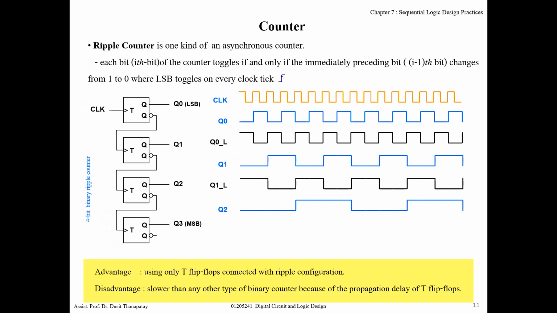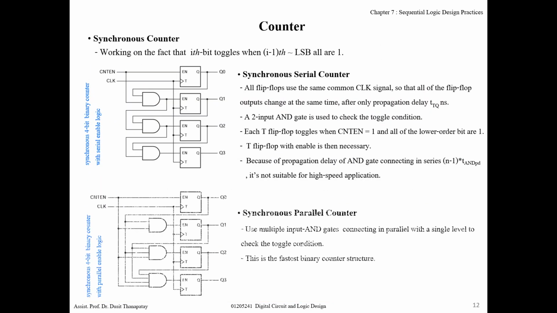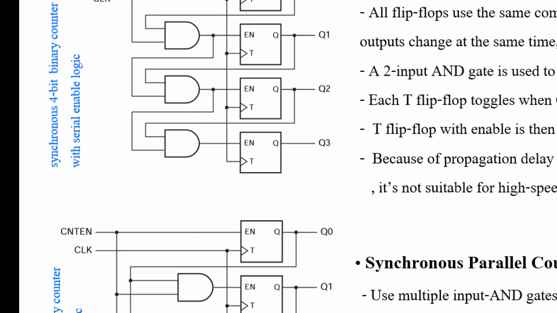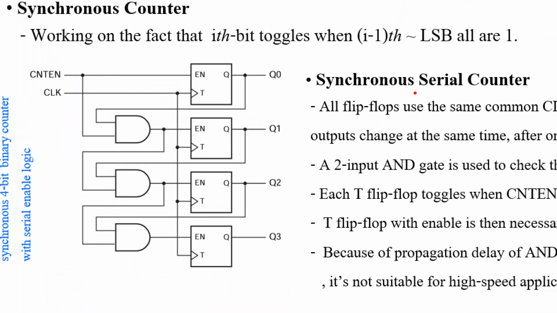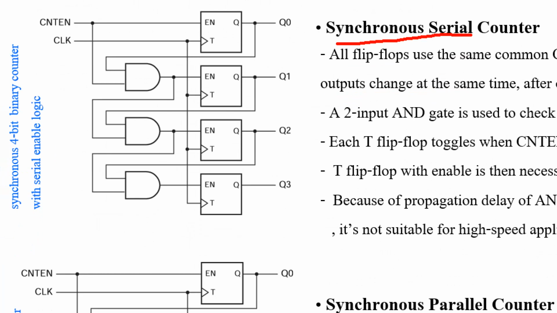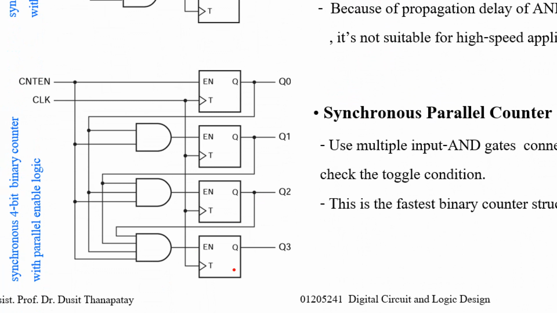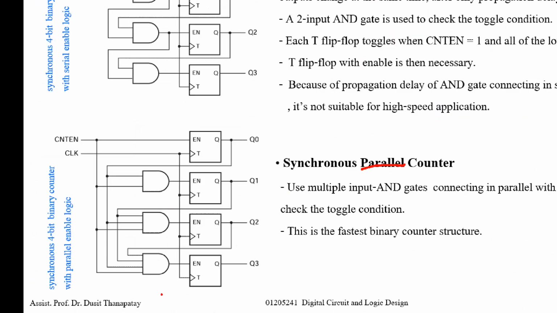So from this one to this one, there are two configurations. This one is called a serial counter, and this one is parallel. What is different? Let's consider this one at first.